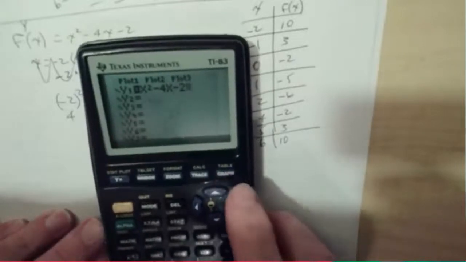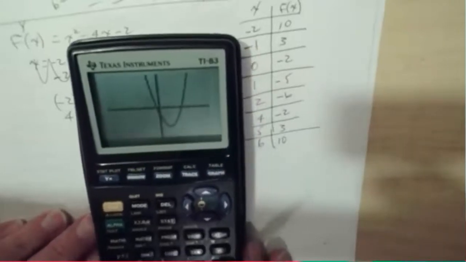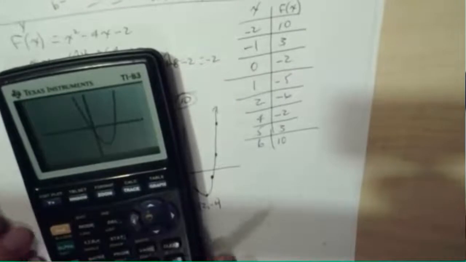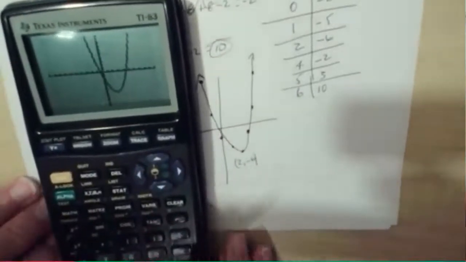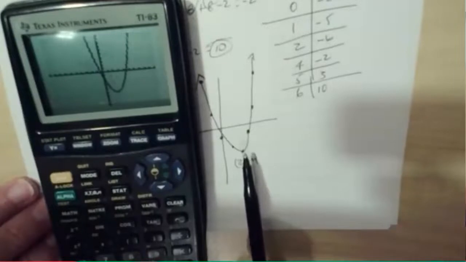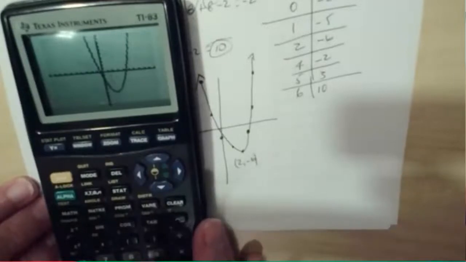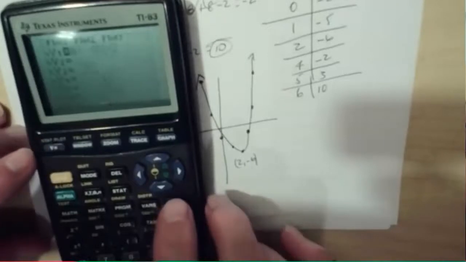Double check to make sure you entered it right. Graph it. And you can see that, as bad as my drawing is, we are pretty close to being correct. Okay.